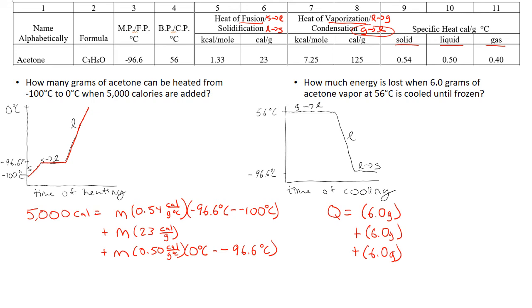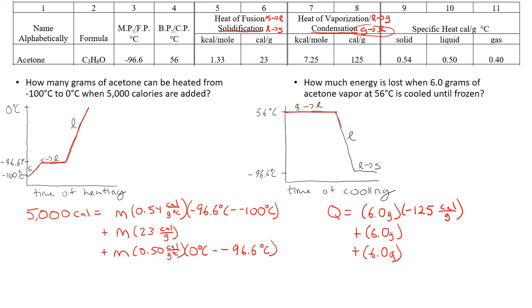When you use the specific heats, if energy is coming out, you'll end up with a negative delta T, as we will see. However, the second words up here, solidification and condensation, that's where we would stick a negative on these values. So right here, when I'm going from gas to liquid, that's my condensation, I'm going to have to use negative 125 calories per gram.